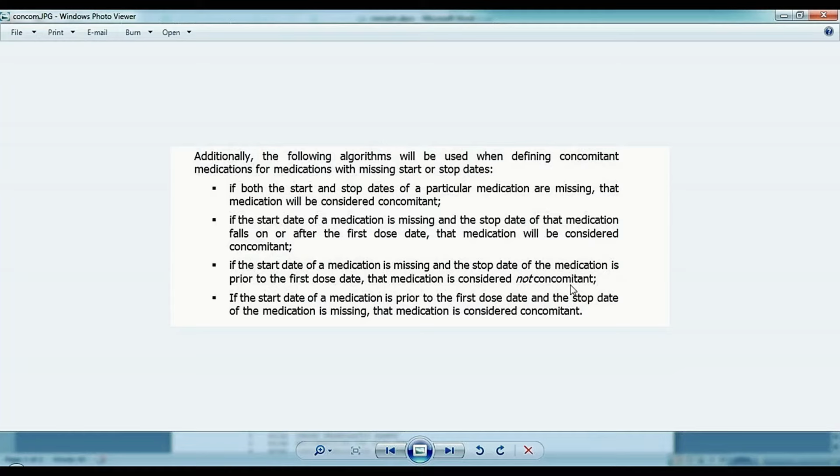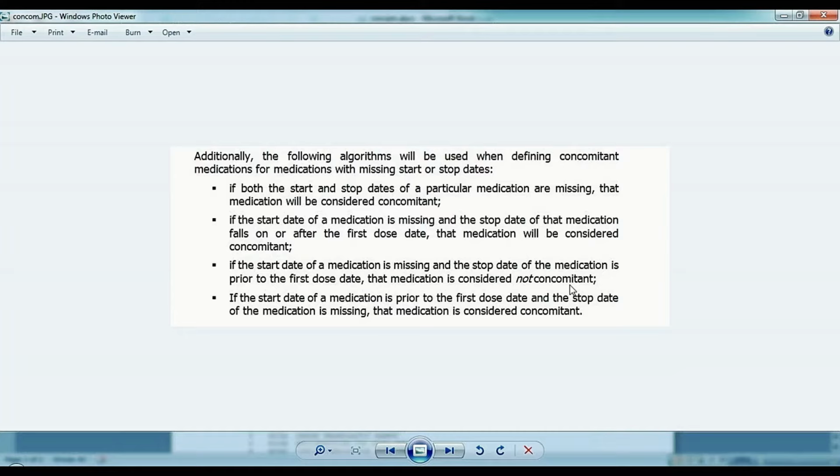For example, if the treatment started on 6th September and the event happened on 5th September, we do not consider that a concomitant medication. It is considered prior concomitant, since it occurred before the treatment started. Whenever a medication occurs during the clinical trial, that is a concomitant medication.